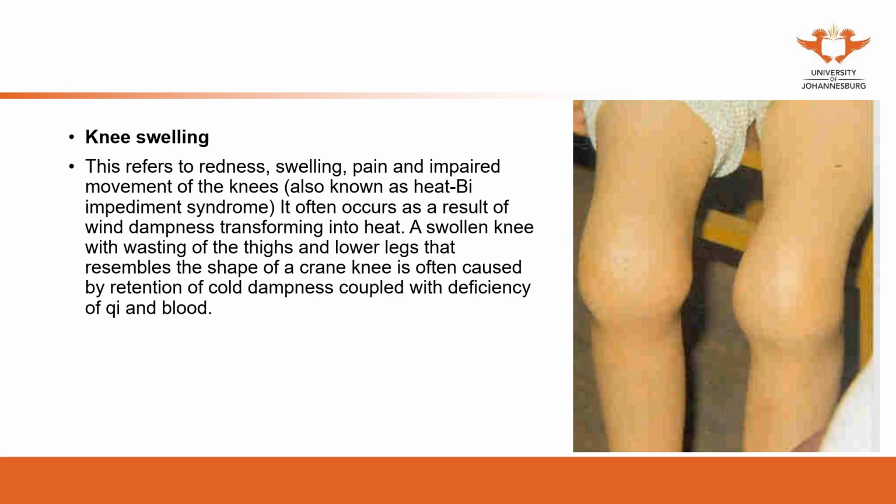We also are going to observe the skin color. This color is not very clear, but you can see the color is slightly bluish. That's the stagnation. The bluish color also can reflect pain. So this patient also can present with pain.